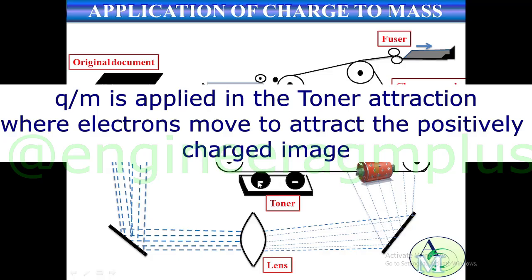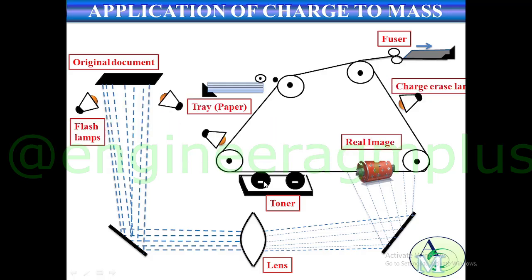Remember that electron moves faster, and interestingly, there are some toner whose particles are positively charged. In that case, when the particles are positively charged, then the drum will be charged negatively. But when the toner is negatively charged, then the drum would be positively charged.